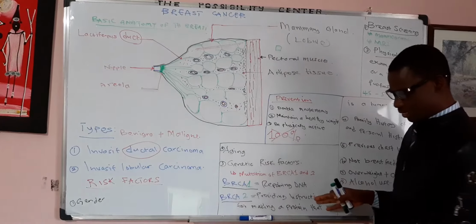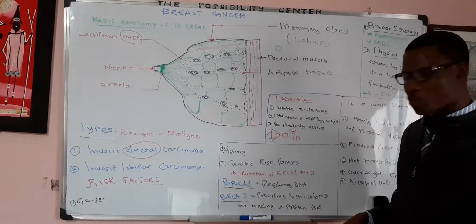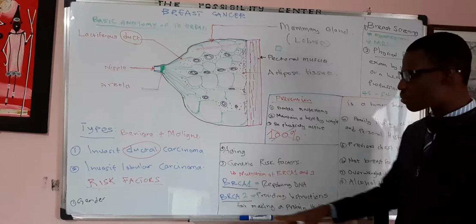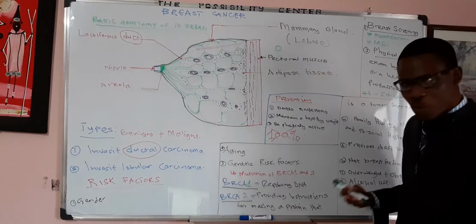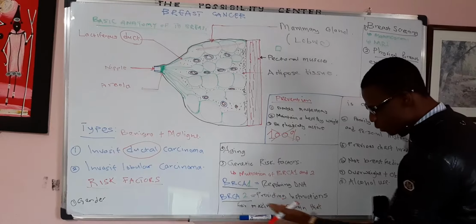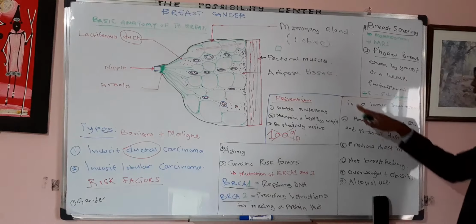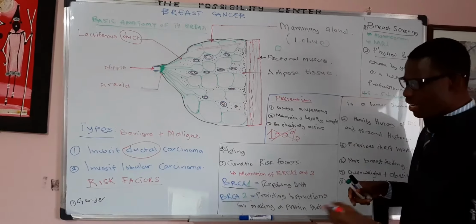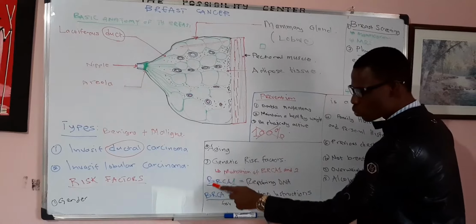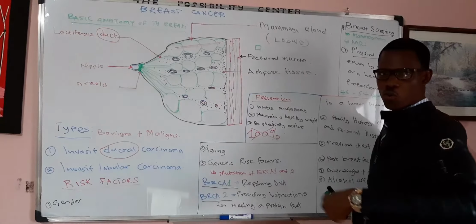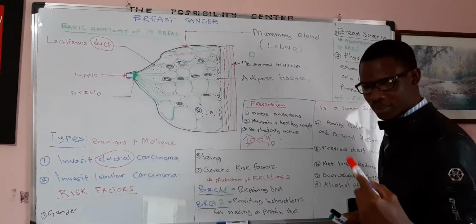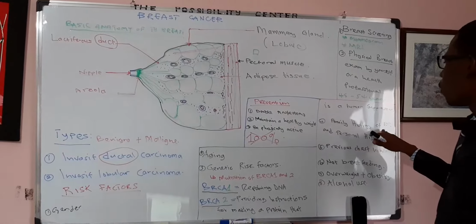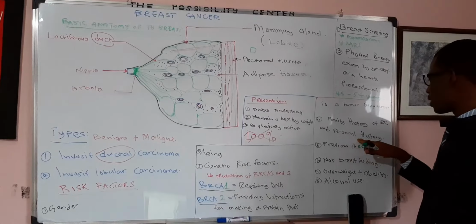Now this BRCA1 is responsible for repairing DNA, and BRCA2 is responsible for providing instructions for making a protein that is a tumor suppressor. So that means any changes or mutation in these two, BRCA1 and BRCA2, will lead one to get breast cancer. Number four, family history of breast cancer and personal history.